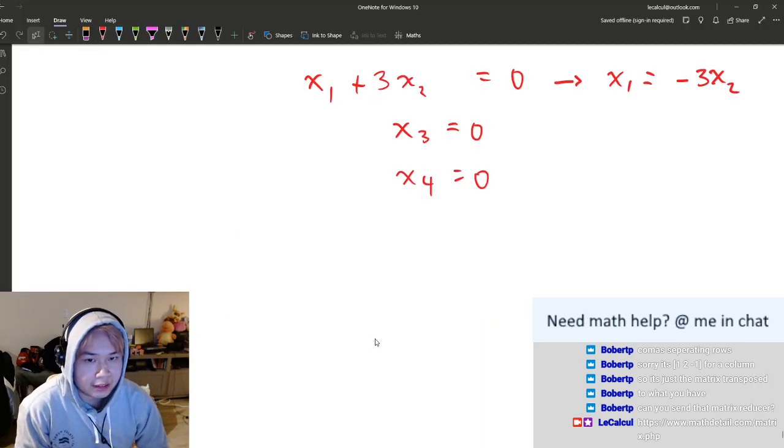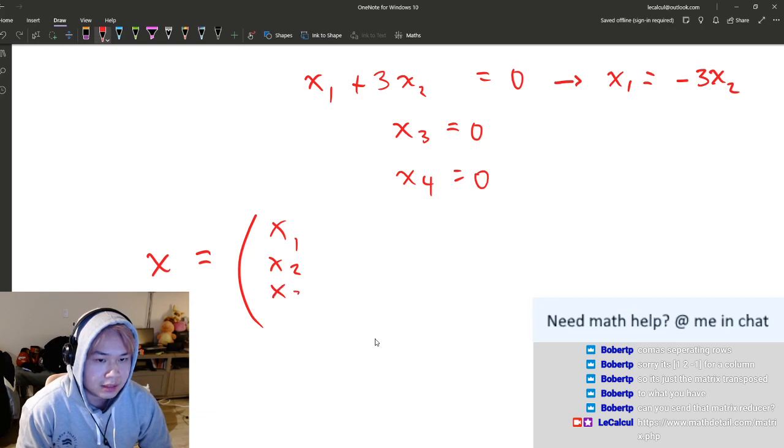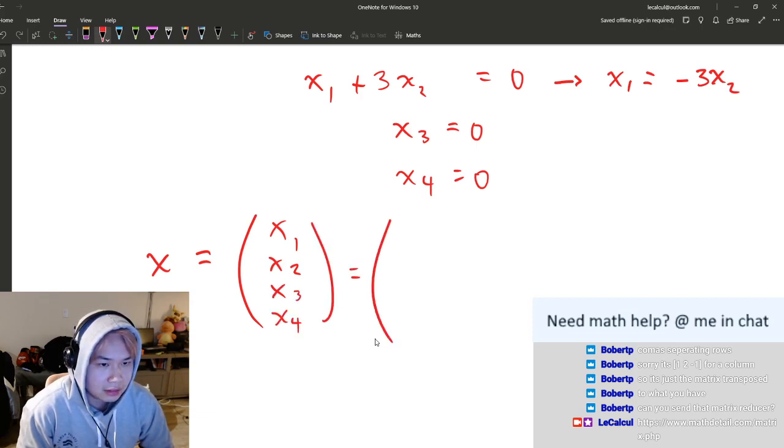So your x vector can be represented as this: x1, x2, x3, x4, but we can say that x1 is -3 of x2, and then the rest stay the same.